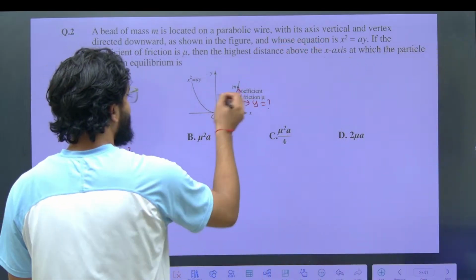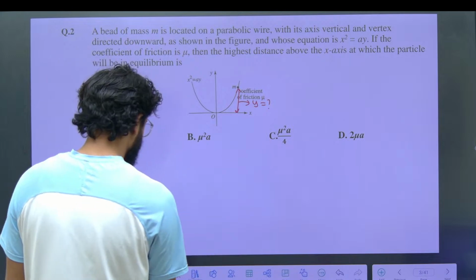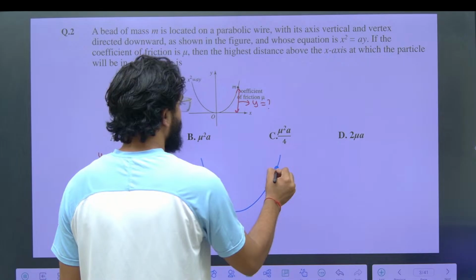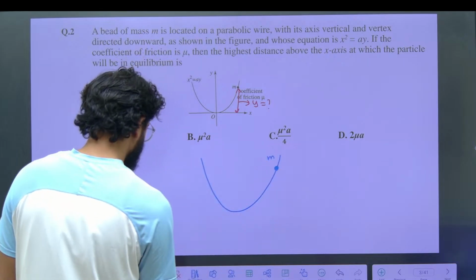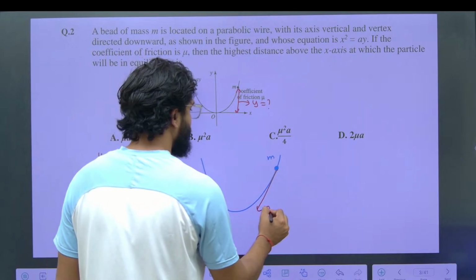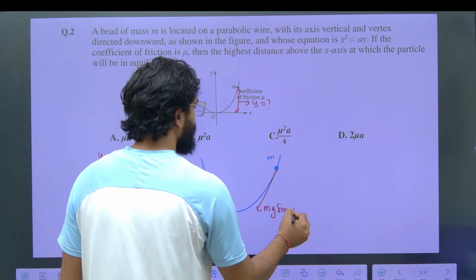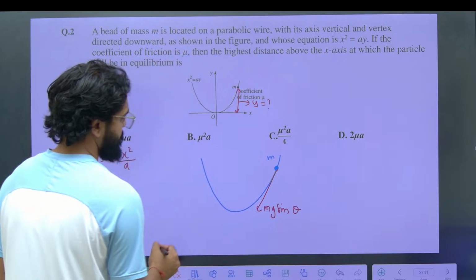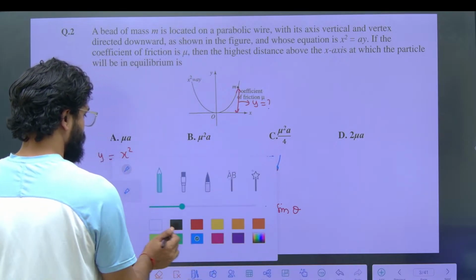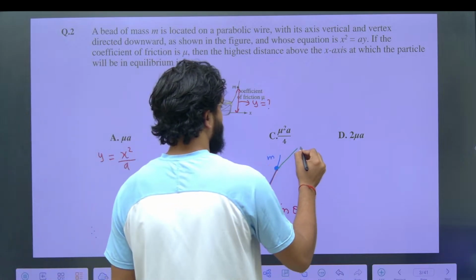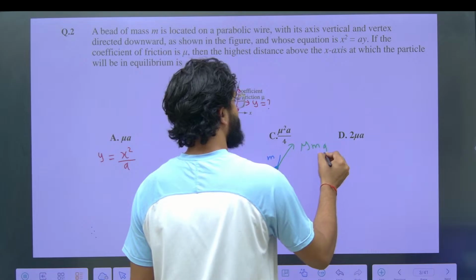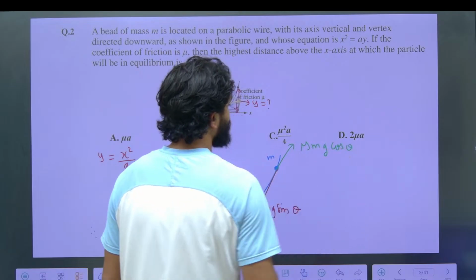Yes. So can we say this, that let's say there would be a certain angle theta over here, and this is mass m. So we know there will be mg sine theta over here, and there will be mu mg cos theta over here.